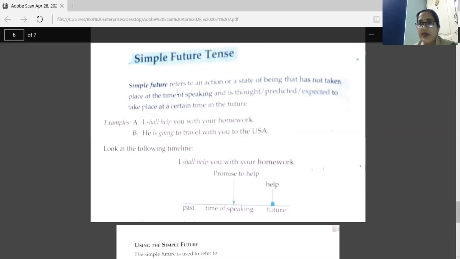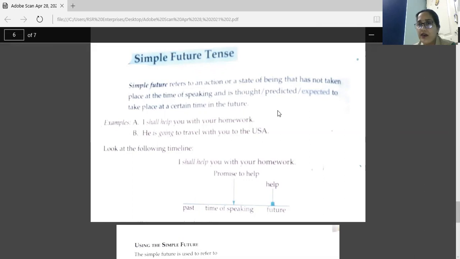Simple future refers to an action or a state of being that has not taken place at the time of speaking and is thought or predicted or expected to take place at a certain time in the future. Any action that is going to happen at some future time, there we use simple future tense.